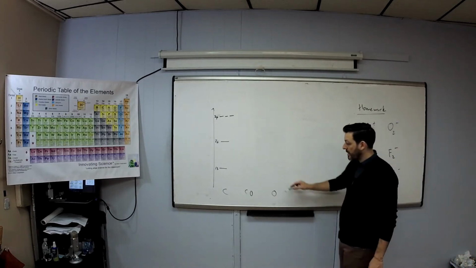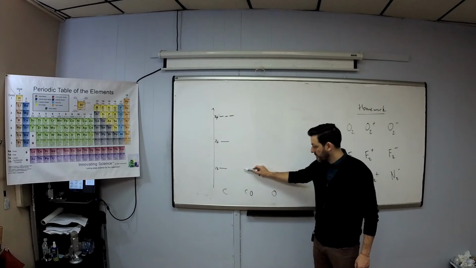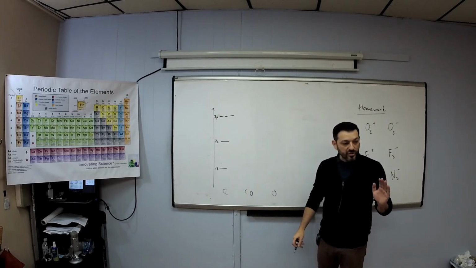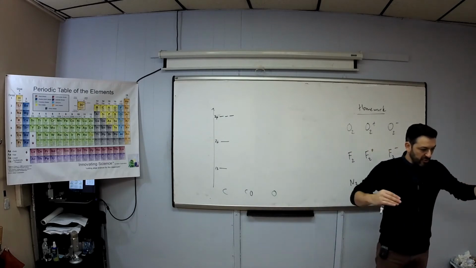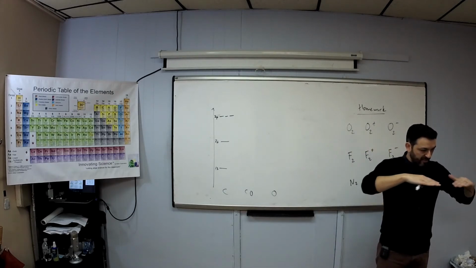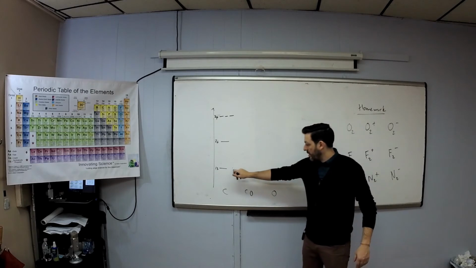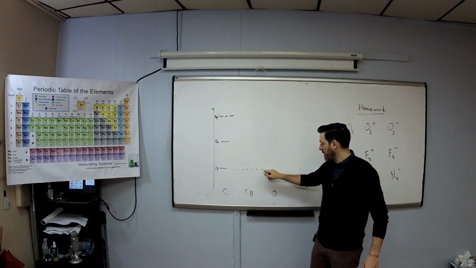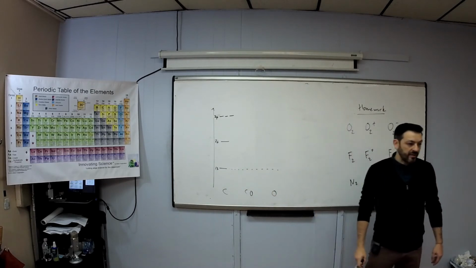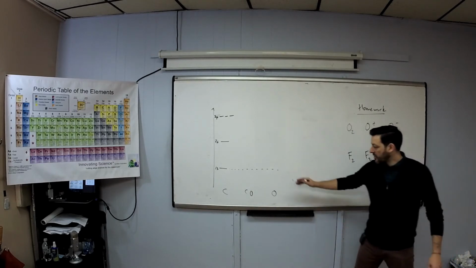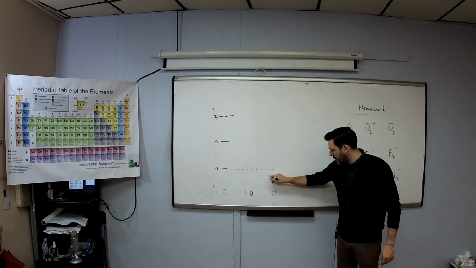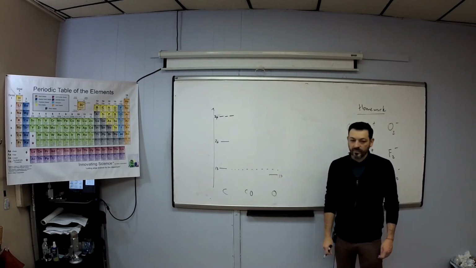Oxygen has a 1s orbital, but careful where you draw it. It's not drawn here. Let me make a dotted line just to demonstrate. Don't really make a dotted line, because you have a notebook with ruled paper, so you could just go above or below the lines. Let's say this is the line that carbon's 1s is on. That's not where oxygen's 1s is going to be. Oxygen's 1s orbital is going to be a little lower.